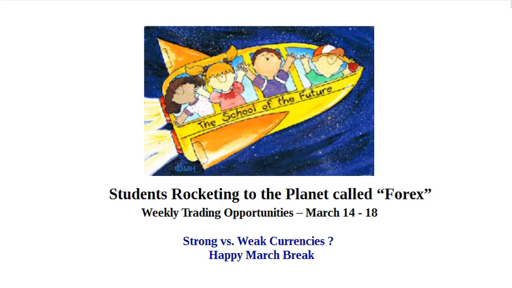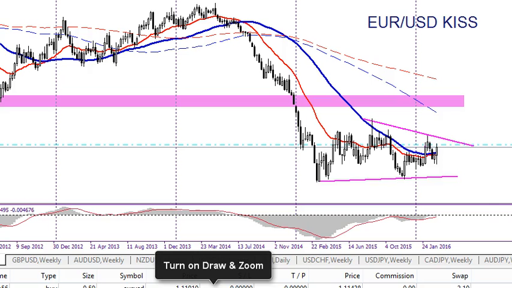We're going to start with the Euro USD. Okay, we're going to look at the Euro USD. You can take a look right here. This is the KISS chart, keep it simple, stupid, or as one of my favorite students has said, keep it super simple. And this is the weekly chart of the Euro USD.